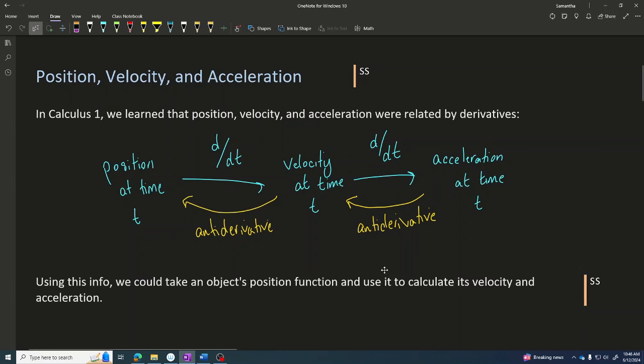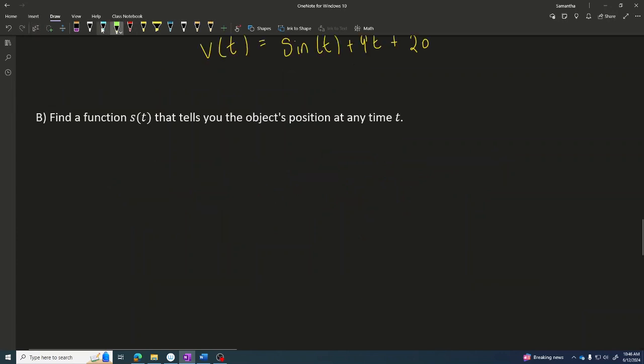So now that we found the velocity function, we just have to go through that whole process one more time to go from velocity back up to position. So taking note of that, position is an antiderivative of velocity.